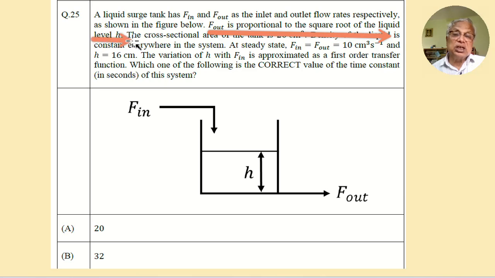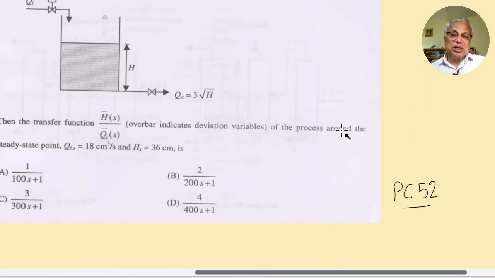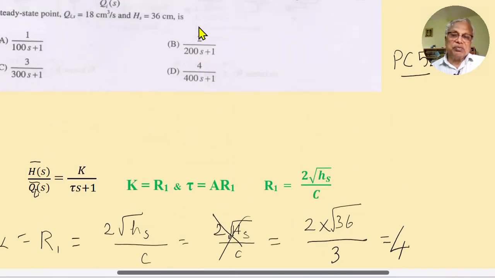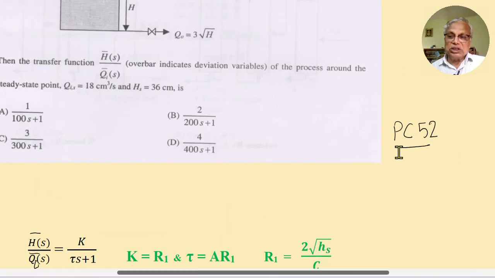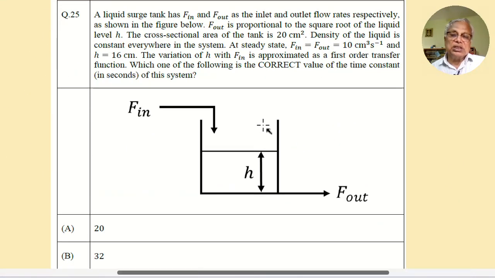You will understand that this question is exactly similar to what we discussed earlier. Once you have gone through the previous problem and solved that equation, you can easily solve this.